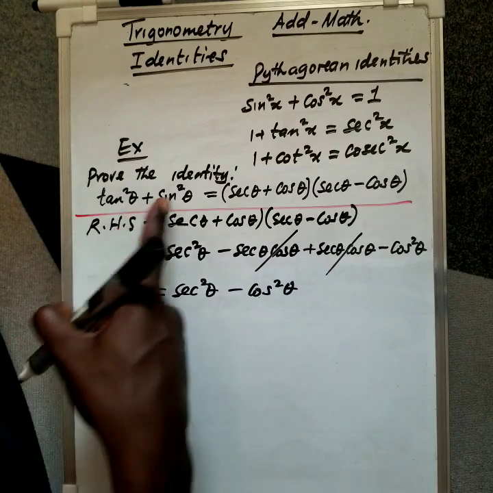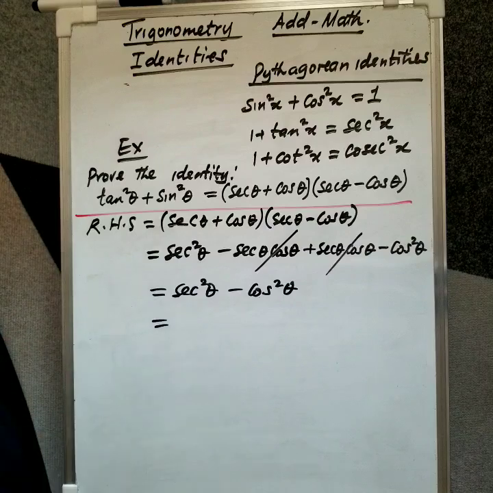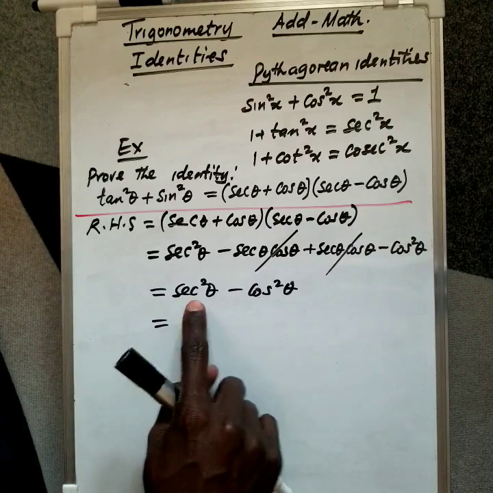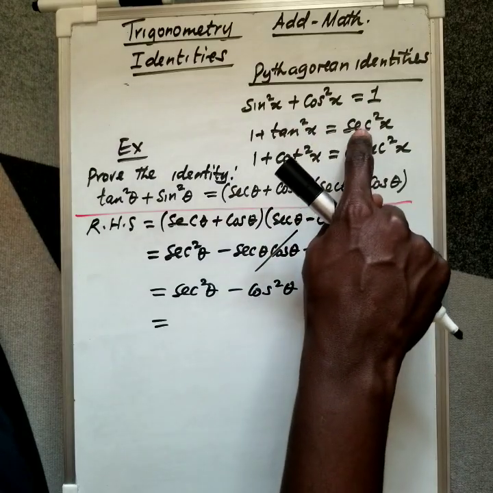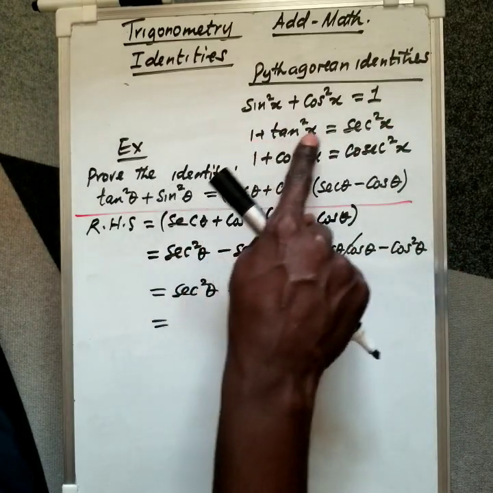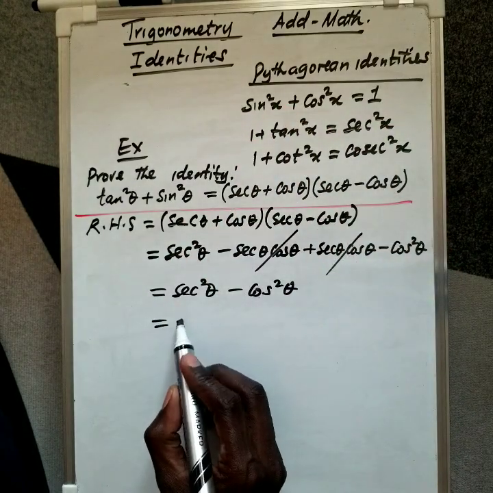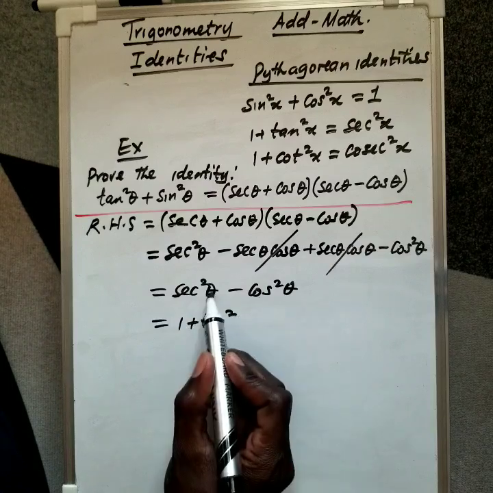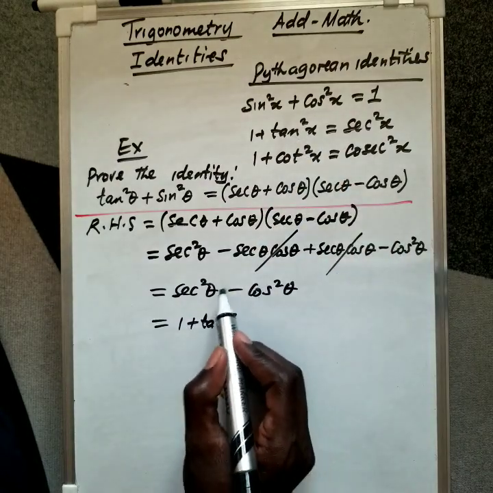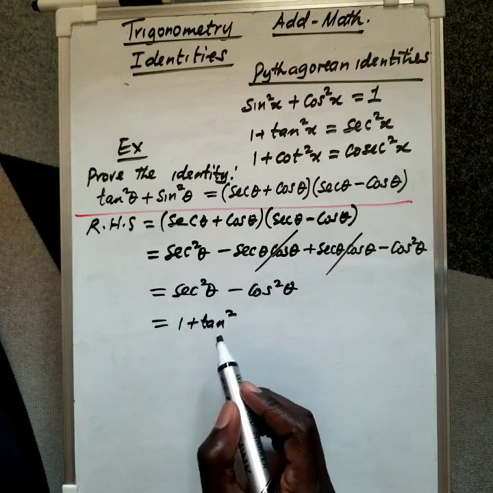Now of course we want to show the left hand side, so what we can simply do is this. Remember here we have sec squared theta, and if you remember from the identity, sec squared theta can be replaced by 1 plus tan squared theta. Now here they are using theta, not x, so you maintain the letter that they are using.